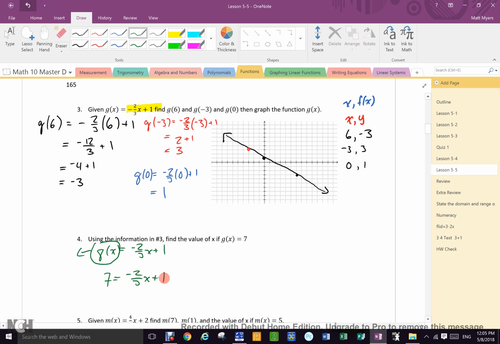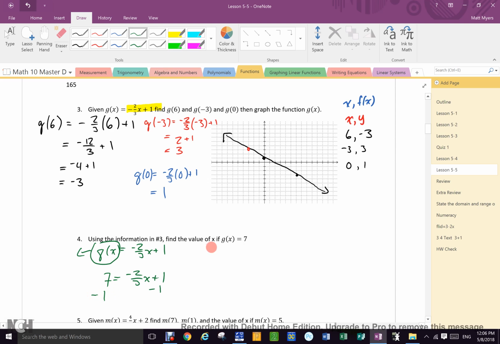Is there an unknown here? The x. Can I find it? Yes. How? How do I find every unknown in every math situation when there's an equal sign? You get rid of everything else till x is isolated. How do I get rid of plus 1? Minus 1. Where else?